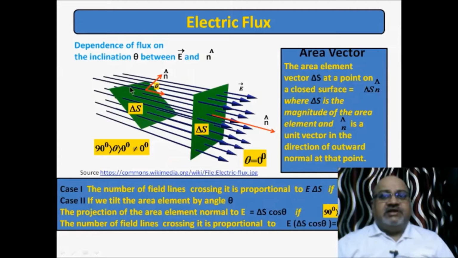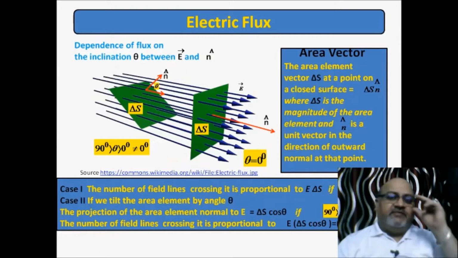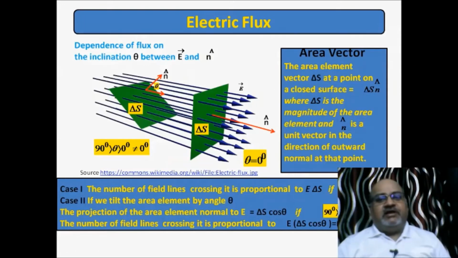The component of area in the direction of electric field is delta S cos theta, but the component of electric field in the direction of this n cap will be E cos theta. So two approaches are there. Either take the component of the area element perpendicular to the electric field, or take the component of electric field along the direction of normal to the area element. In both cases we will get the electric flux.